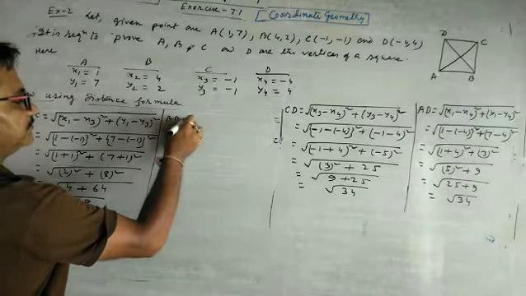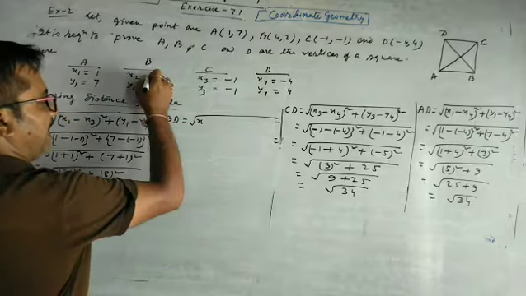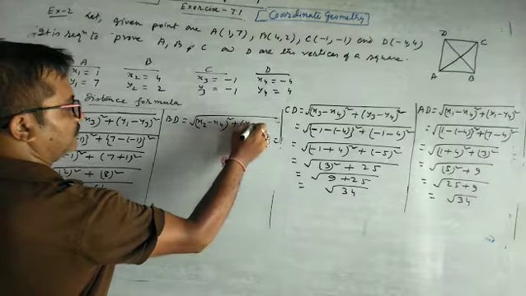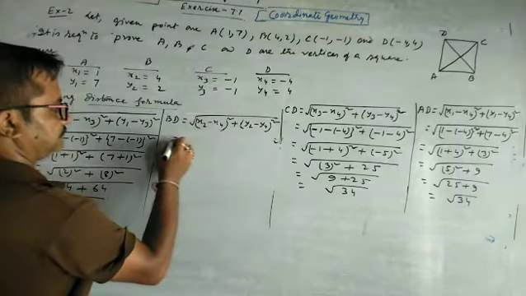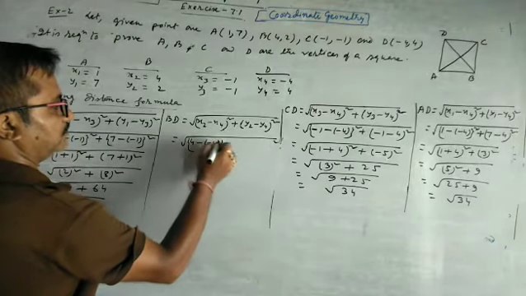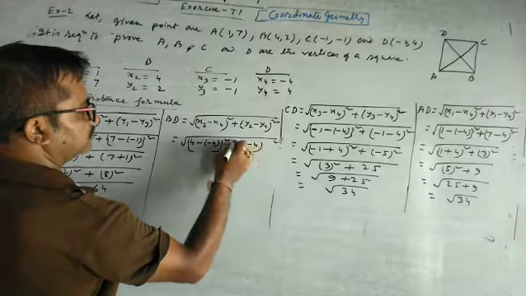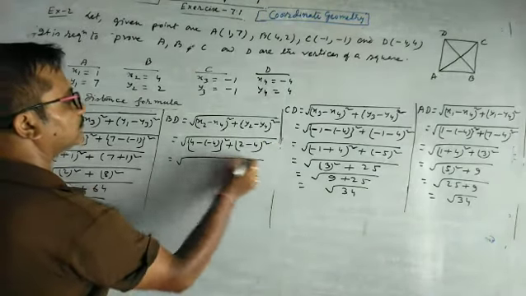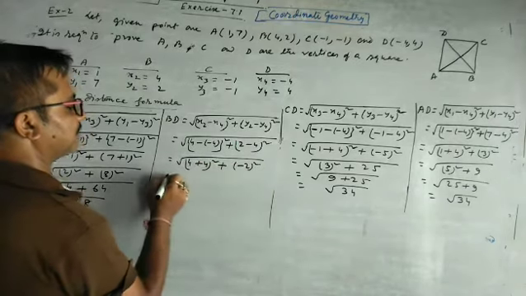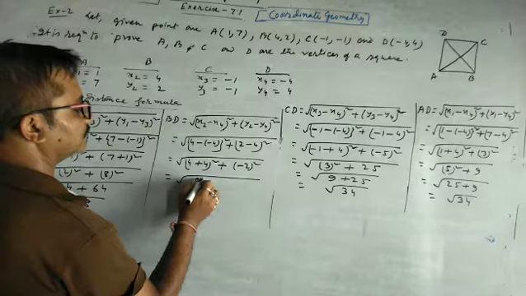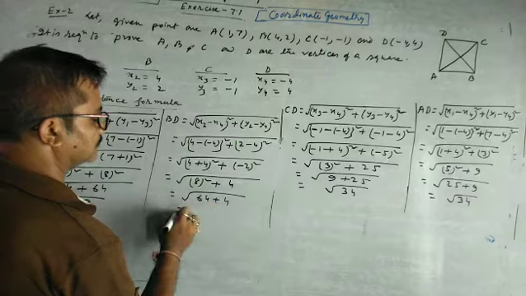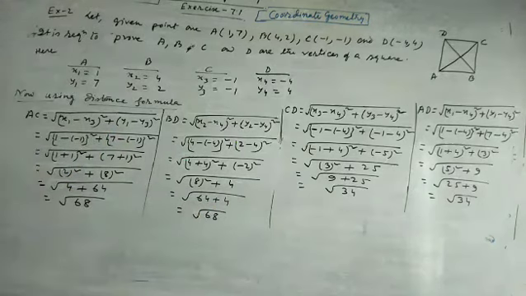Now BD: (x2 minus x4) whole square plus (y2 minus y4) whole square. 4 minus minus 4, 2 minus 4, 4 plus 4, minus 2 whole square, root 68.